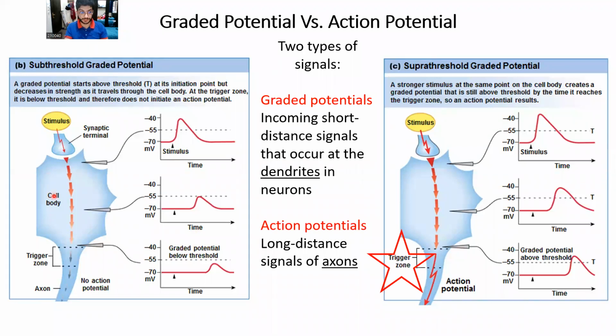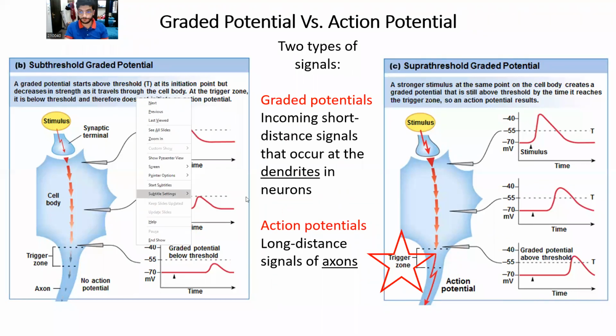There are only ligand-gated channels that make graded potentials over here. No action potentials in the cell body, none. The action potential starts over here in the trigger zone and goes all the way down, and it's directed by voltage gated channels. I'll discuss it a little bit further once we move on with the slides. So I think this is clear, so I'll move on to the next slide.